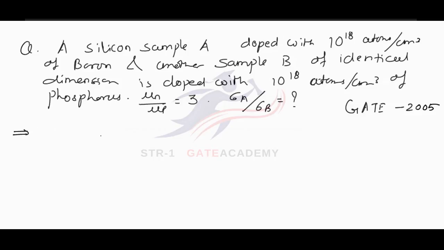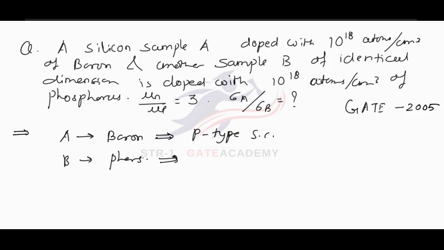In sample A, boron was added. If boron was added, sample A is a p-type semiconductor. In sample B, phosphorus was added, and with the addition of phosphorus, sample B will be an n-type semiconductor.